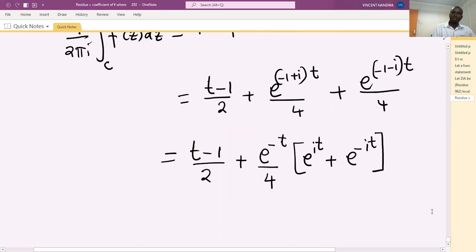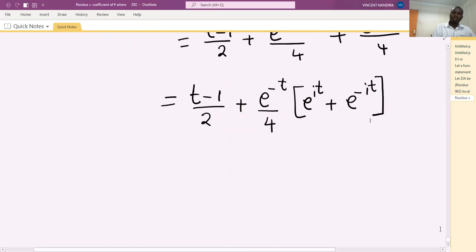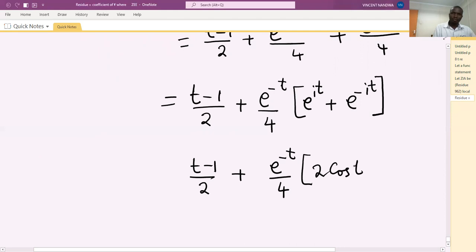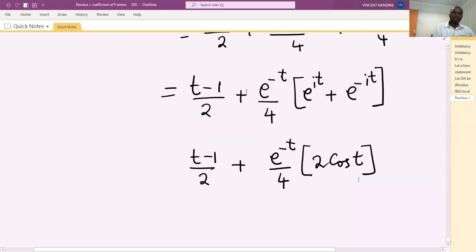This can be written as (t minus 1) over 2 plus e raised to the power minus t over 4 times twice cos of t, which is the same as (t minus 1) over 2 plus e raised to the power minus t over 2 times cosine of t.